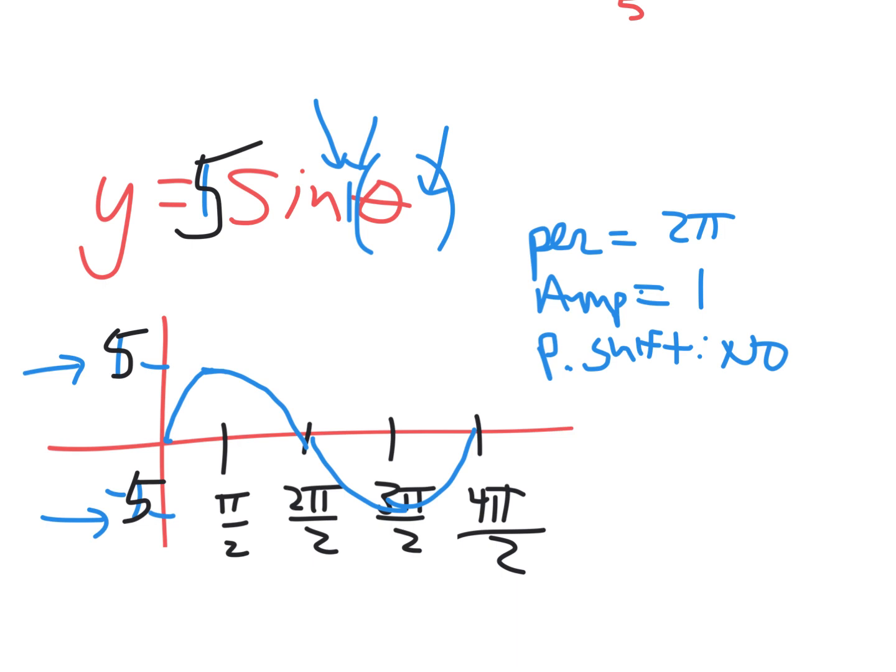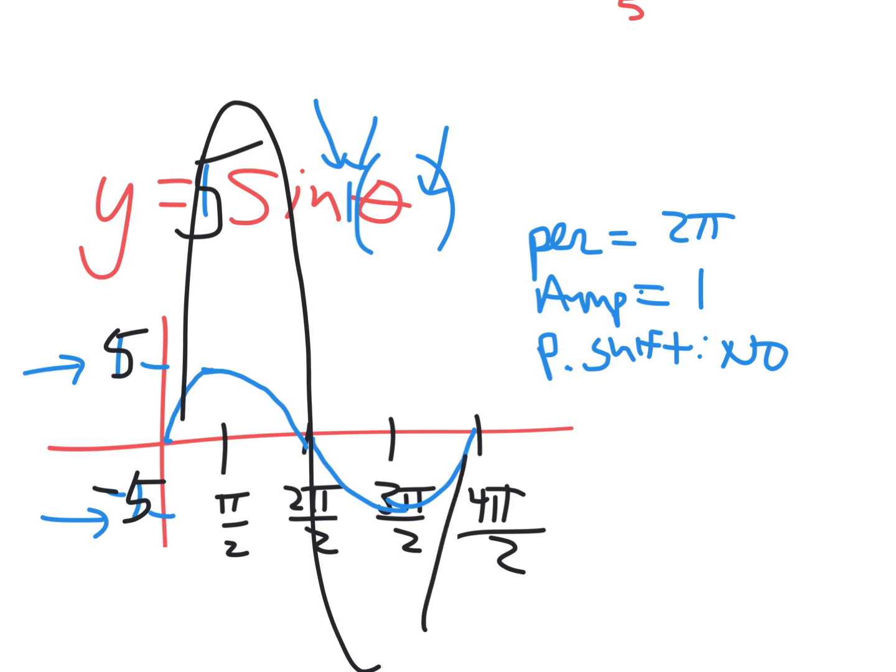Well, negative 5 actually down here, but see, now I'm not going to make you redraw this thing 5 times as high. If I did, it would look something like that, but I don't make you do that. I just make you number it this way. Okay. But would that change my amplitude? Yeah, my amplitude would be 5.